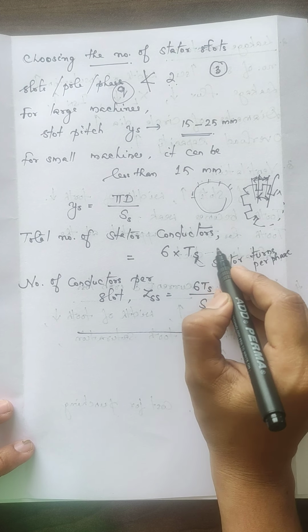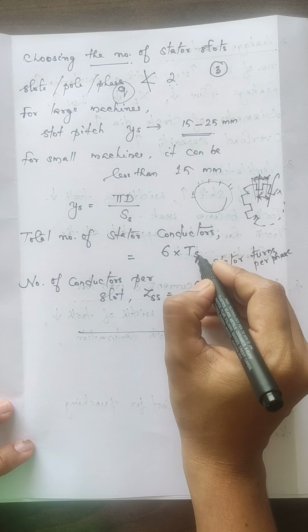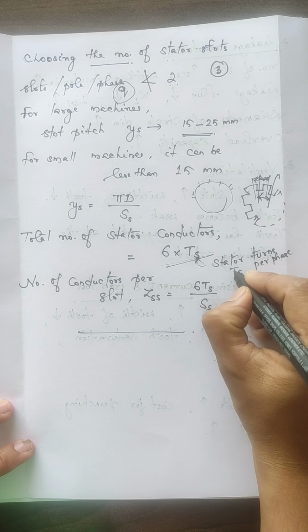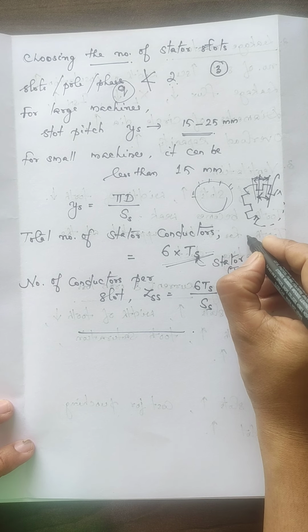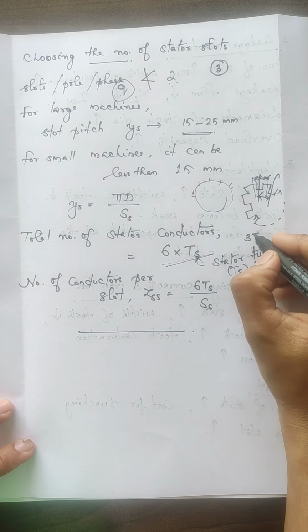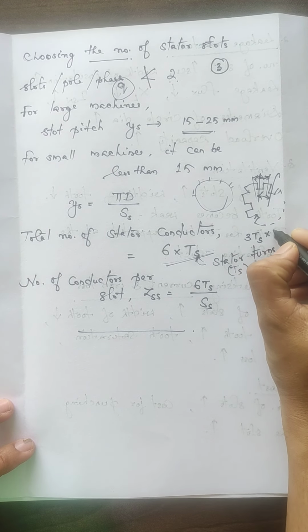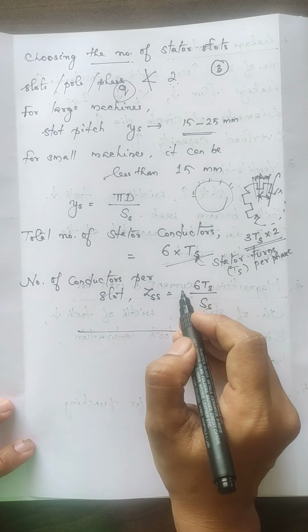So 3 into 2 into Ts gives the total number of conductors, 6 Ts. Ts means stator turns per phase, corresponding to one phase. For all 3 phases there are 3 Ts turns. One turn means 2 conductors, so into 2 gives the total number of conductors, 6 Ts.